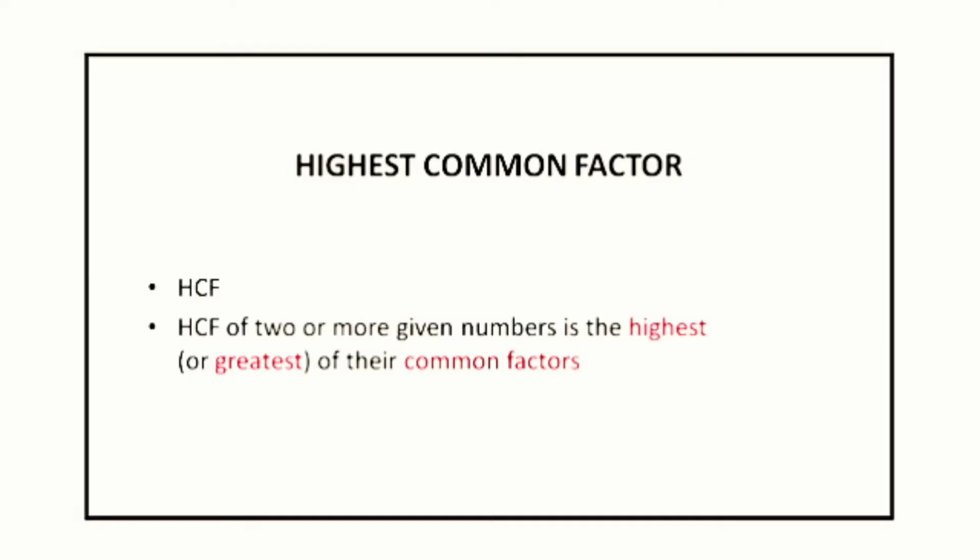Thus, if we are able to determine the common factors of given numbers, the next task is to determine the highest common factor. So, here we have got 2 terms prefixed with the word factor: highest and common. Highest common factor in mathematics is abbreviated as HCF.